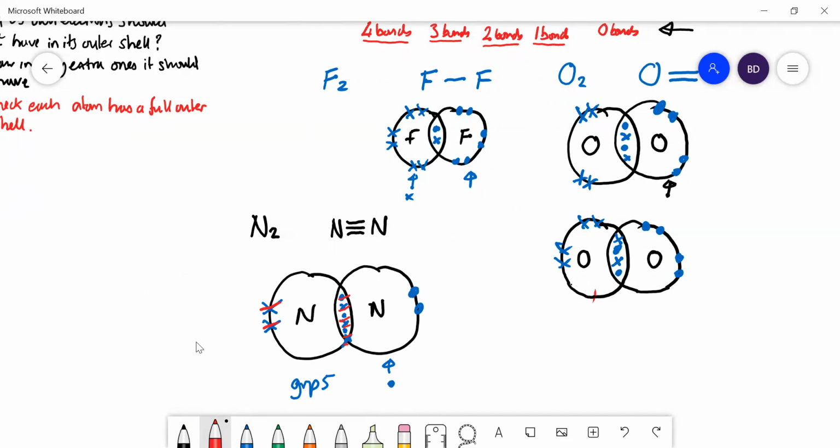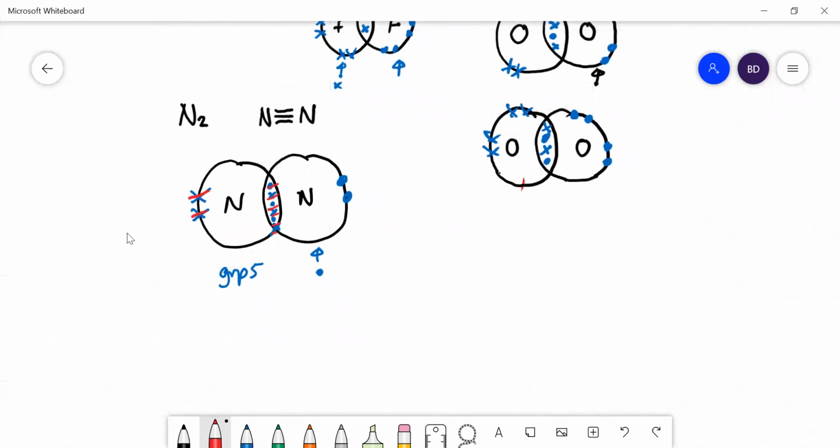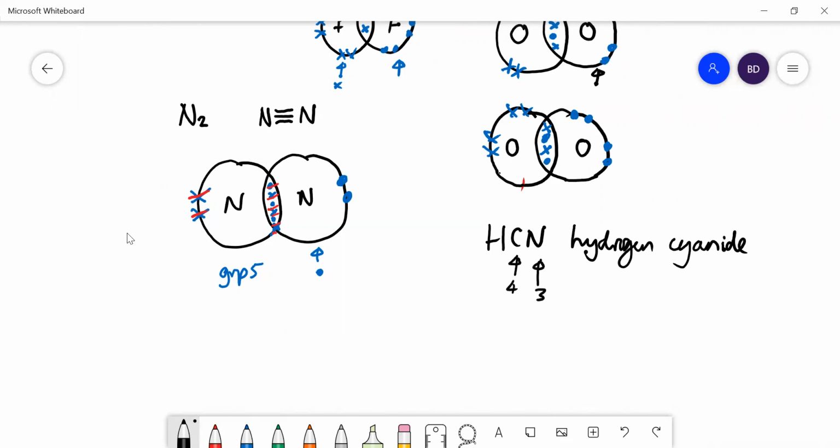I'll do one more example here. Let's think about if we had the molecule hydrogen cyanide, HCN. Okay, so we know that carbon likes to form 4 bonds, because it's in group 4. Nitrogen likes to form 3 bonds, because it's in group 5. And hydrogen always forms 1 bond.